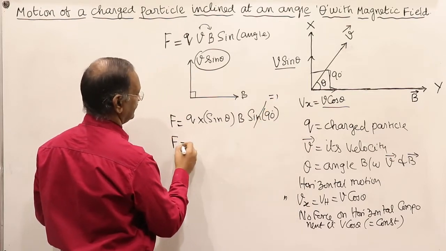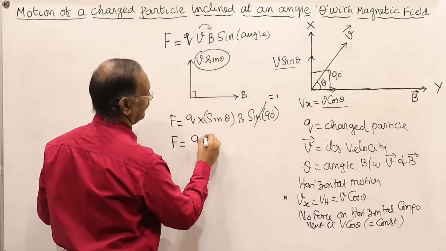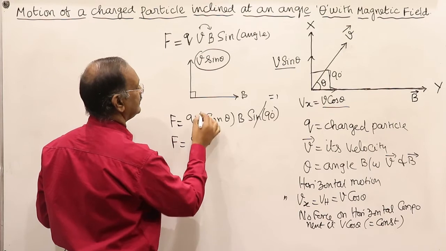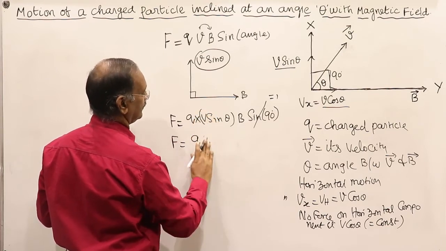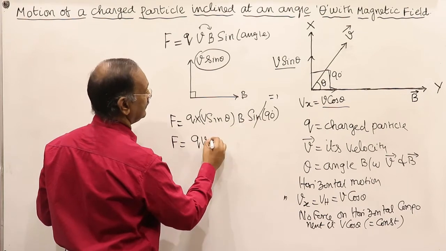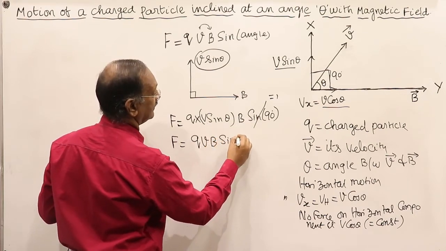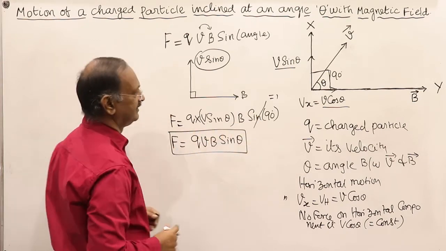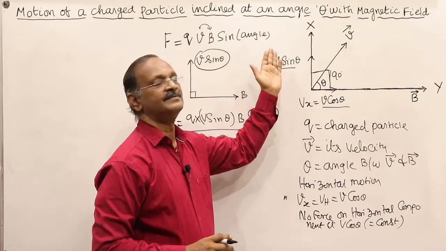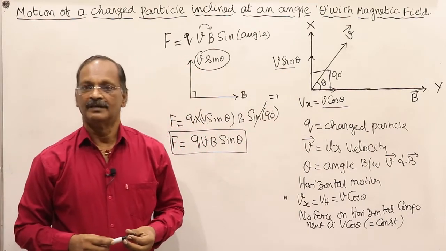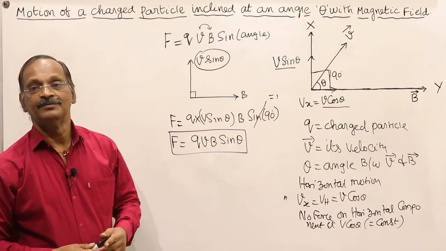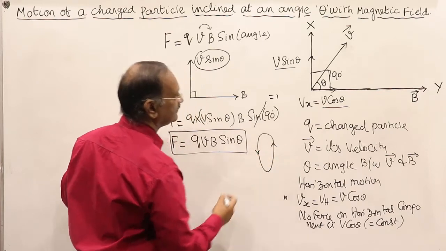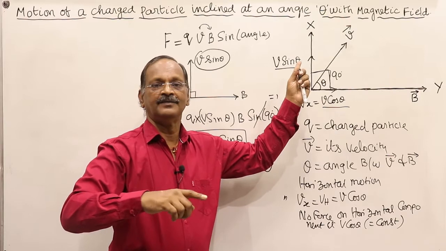Therefore the magnetic force is equal to Q V B sin theta. This is the force experienced by the charged particle whose velocity component v sin theta is perpendicular to the magnetic field.